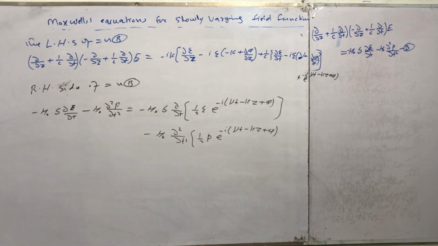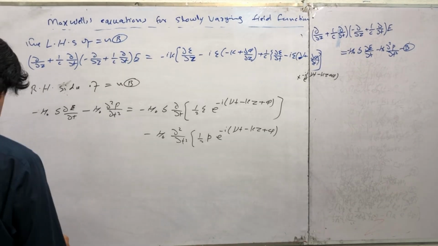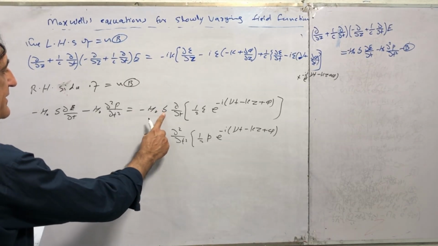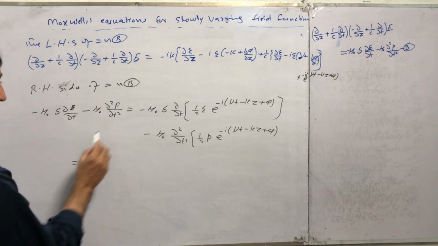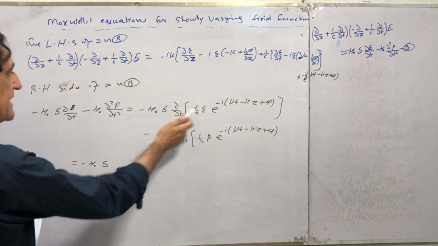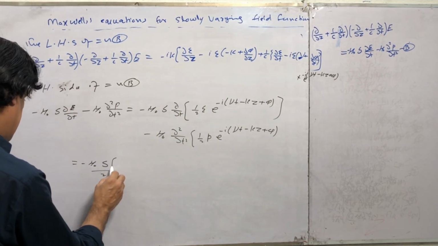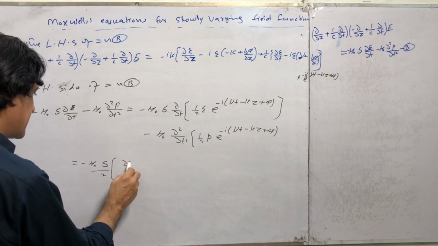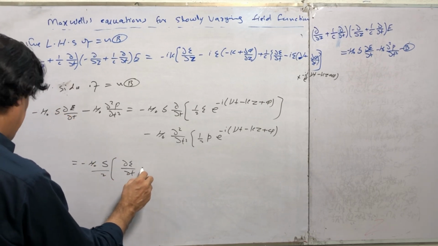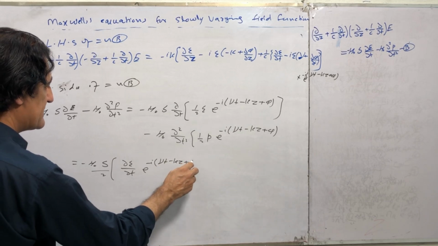Let's see, from this equation, minus mu naught sigma, if we take the differentiation, then we get partial e divided by partial t, e to the power minus iota nu t minus kz plus phi.